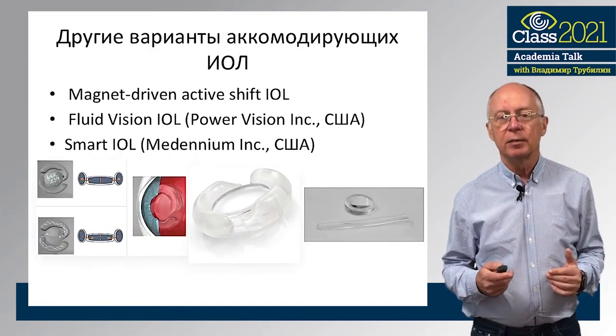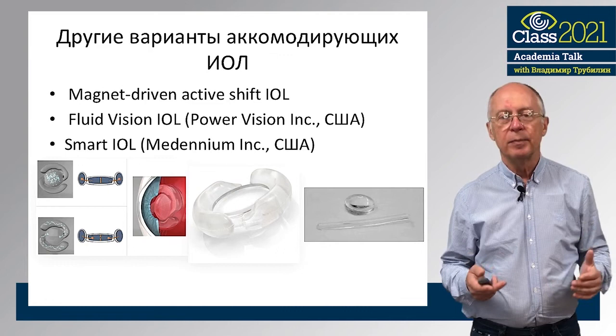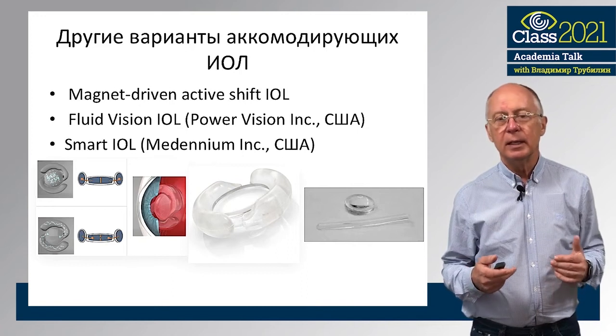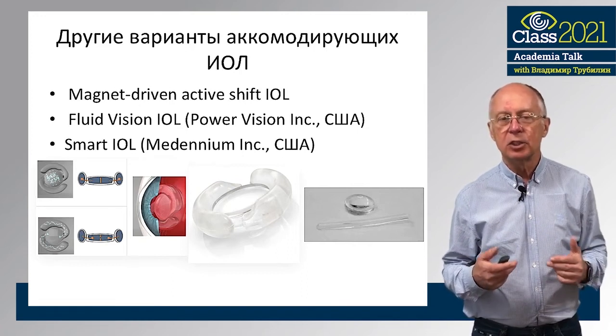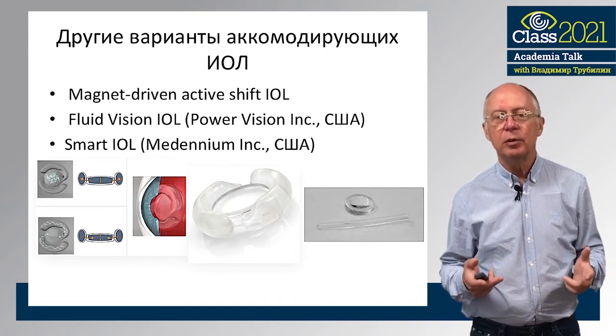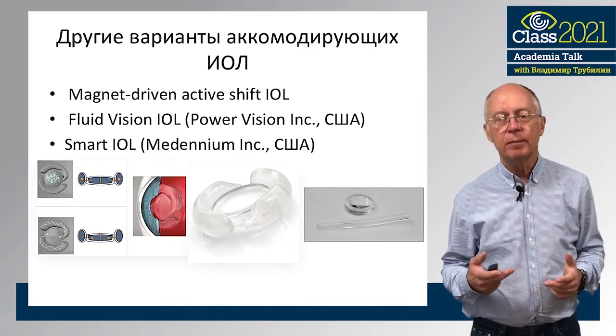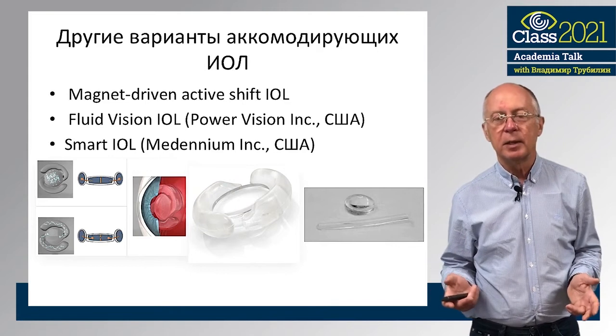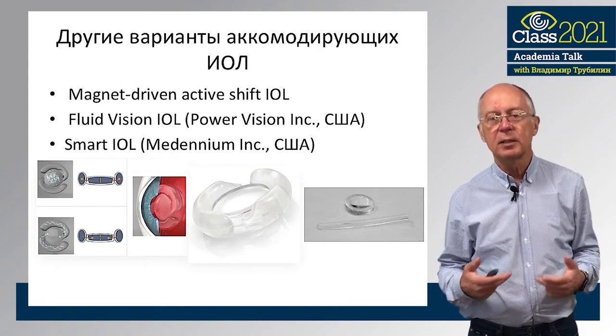Other variations of accommodative lenses are complex systems such as the magnet-driven shift IOL or lenses with a fluid content, fluid vision IOL. The other rather experimental lens that has been introduced to the market but has not got to clinical use is the smart IOL.